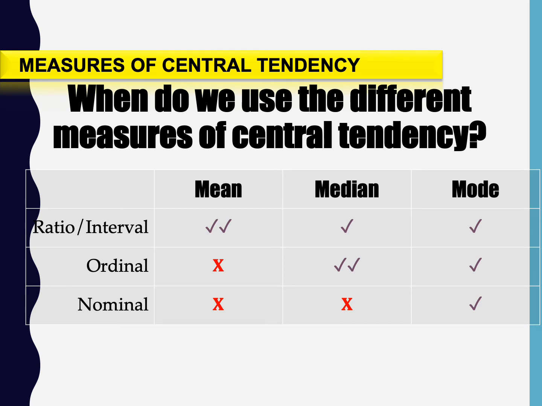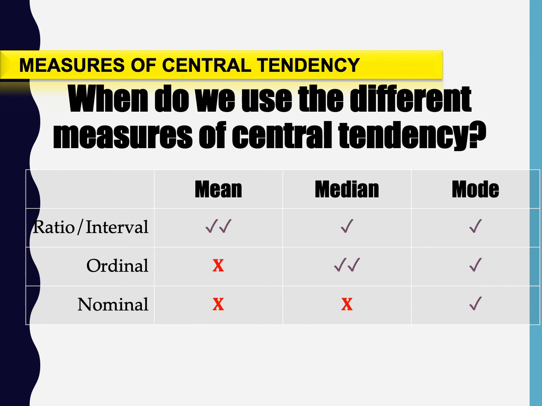Now, in data interpretation, we always ask when do we use the different measures of central tendency. Now, this table will help you decide which is the best measure of central tendency. So if your data is a ratio or an interval type, you can use all these measures of central tendency, but the best one should be the mean.